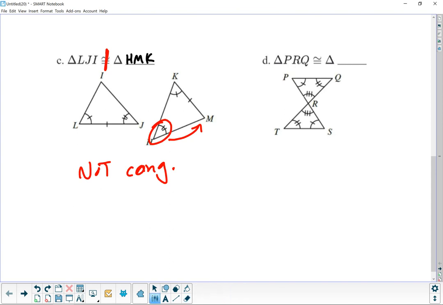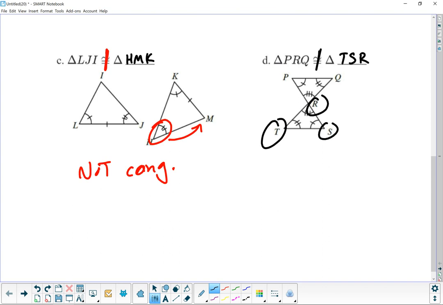So I'll just call it some weird name like TSR. So triangle PRQ is not congruent to triangle TSR. And that's all you got to do. Or you can write down not congruent. All right. Let's look at the back side.